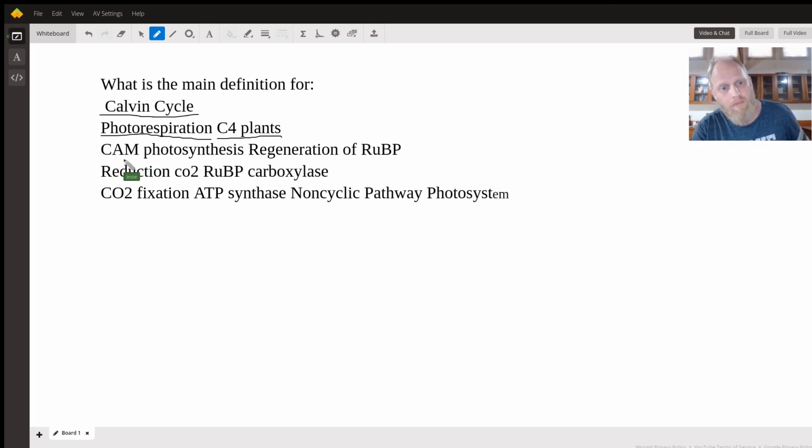Then we have CAM. So what is CAM? CAM is the Crassulacean acid metabolism. And then we have CAM photosynthesis. So CAM photosynthesis is a great process. It is a specialized photosynthetic pathway that occurs in some succulent plants, such as cacti and pineapples.